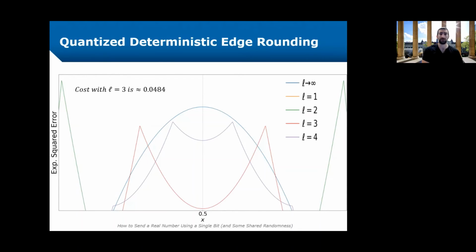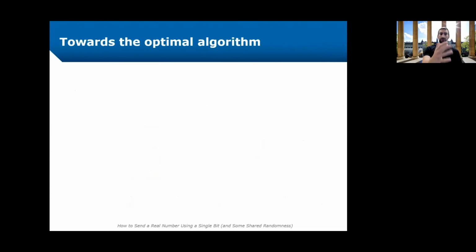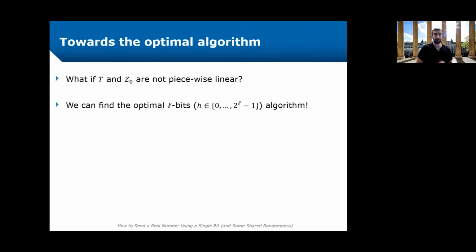Okay, so now we're going to try to see what the optimal algorithm would look like. And actually, we don't know that. In the optimal algorithm, T and Z0 have some weird shapes, like we show in the paper, and we don't know what the optimal algorithm looks like. But if we restrict the number of shared random bits, it turns out we can find the optimal algorithm that uses that number of bits.